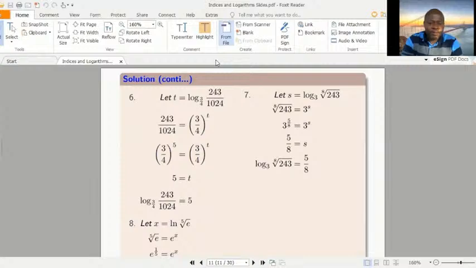Number 6, they wanted this, but I didn't know it, so I said let it be t. Let it be t. So if it's t, then t has to take the position of 243 over 1024, and the 243 over 1024 should take the position of t.